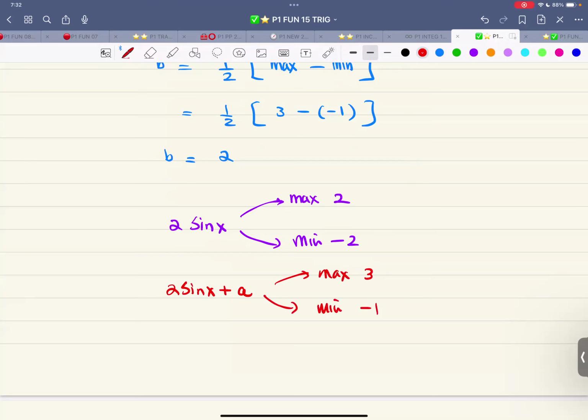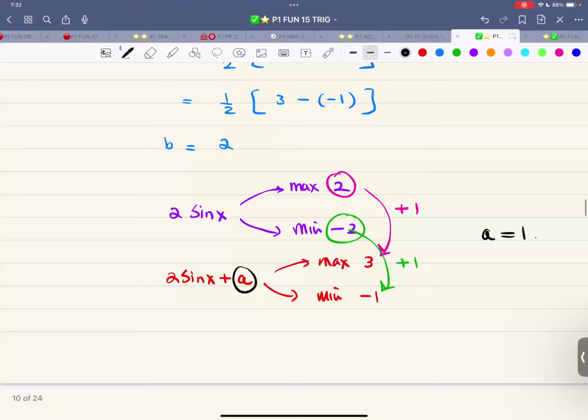So how is this value 2 becoming a 3? We are adding 1. How is this value negative 2 becoming negative 1? We are adding 1. So this particular value that is being added, this a, comes out to be 1.